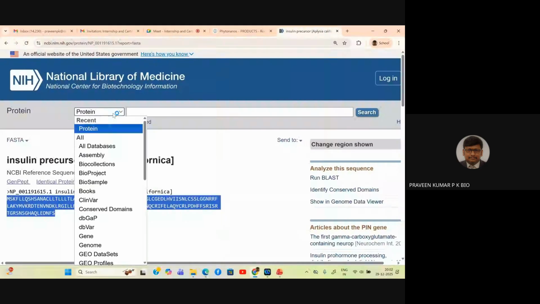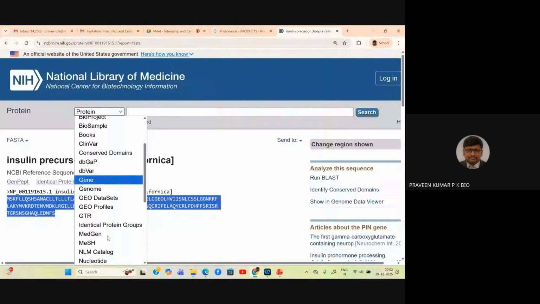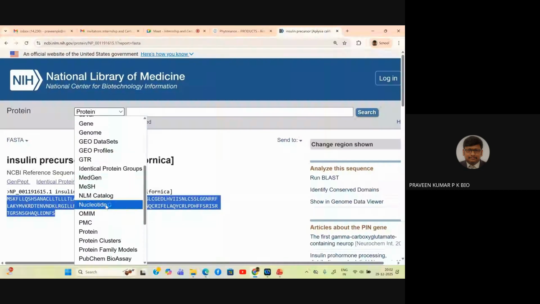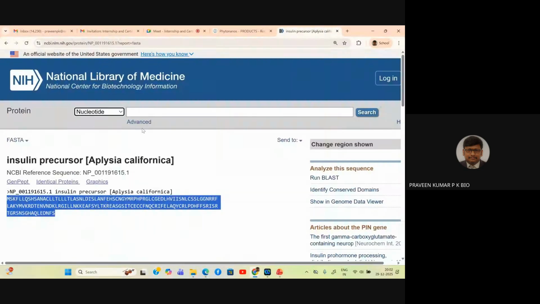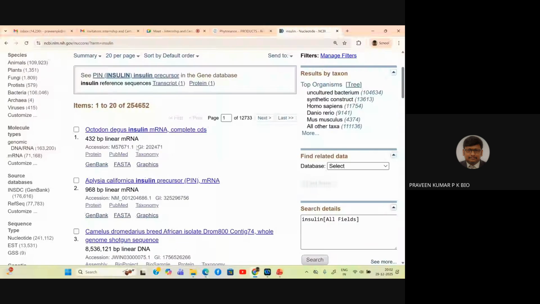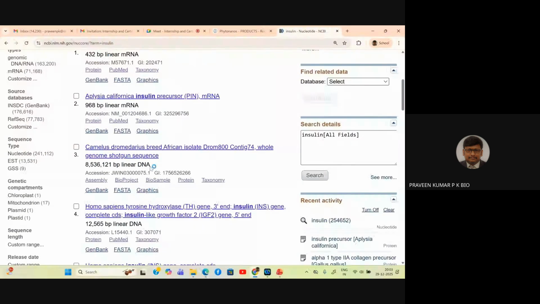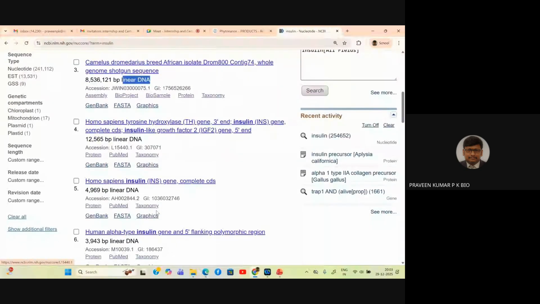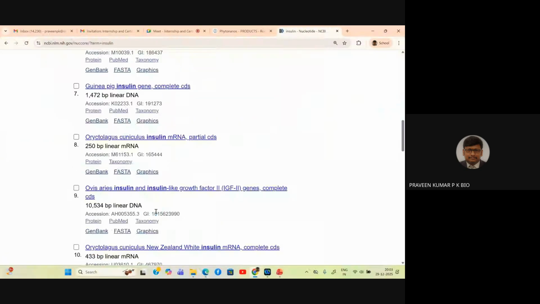Although I searched on a protein, similarly you can type the same keyword for a nucleotide. You can search for DNA and RNA for the particular protein. I told you the types of DNA and RNA sequences we can get. Initially I got linear mRNA, then linear DNA, and if you scroll you can also get circular DNA somewhere.